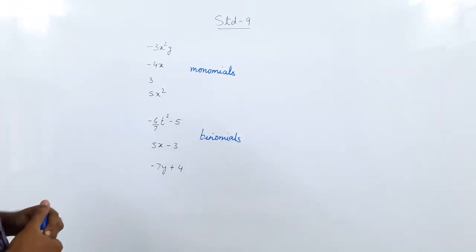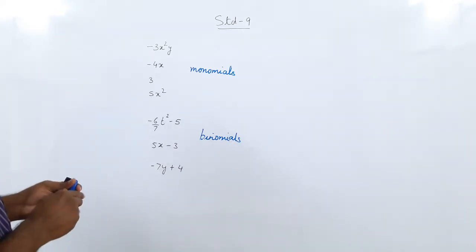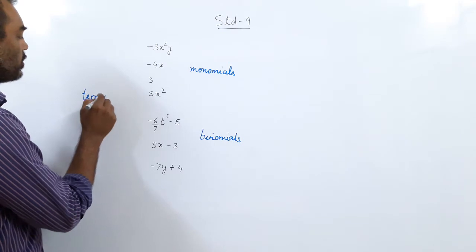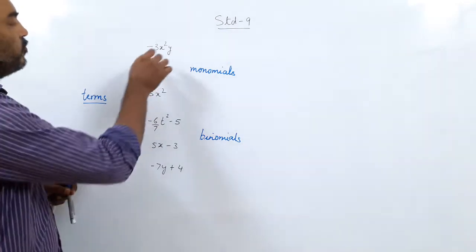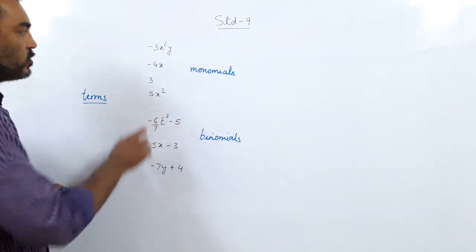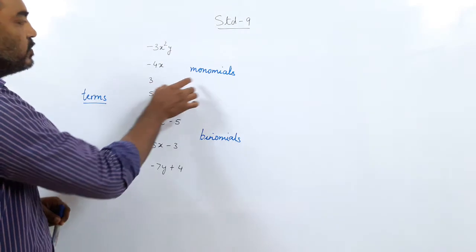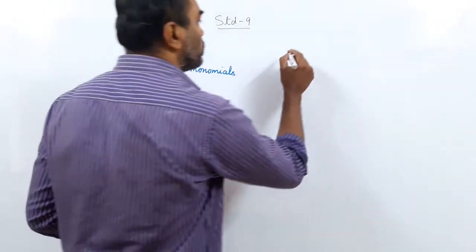What do you follow by binomials? Those having two terms. So we are just now classifying them based on what? Based on the terms. So what are terms? The variables separated by a plus or a minus are called the terms. So these are having a single term called monomials, having two terms are binomials.